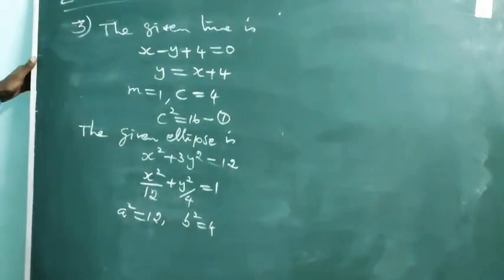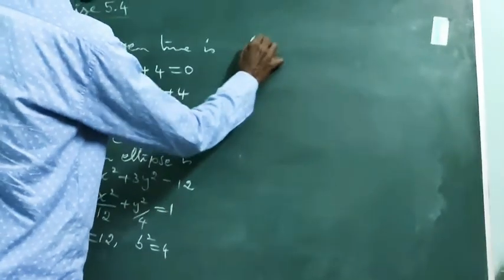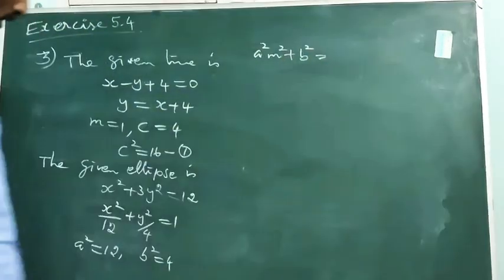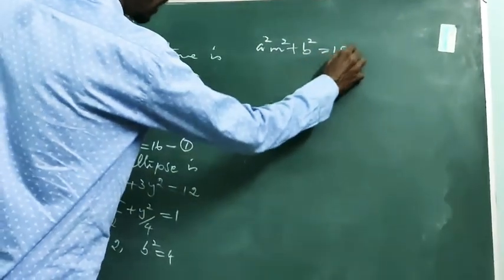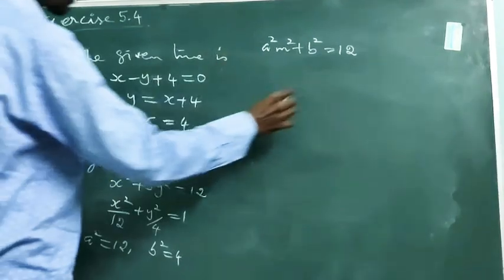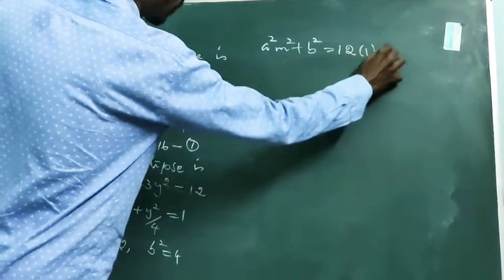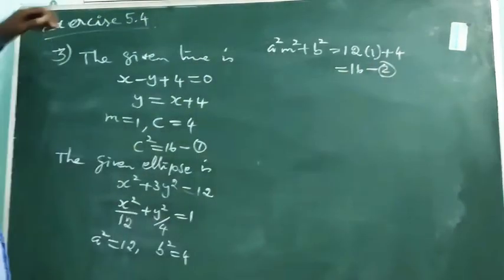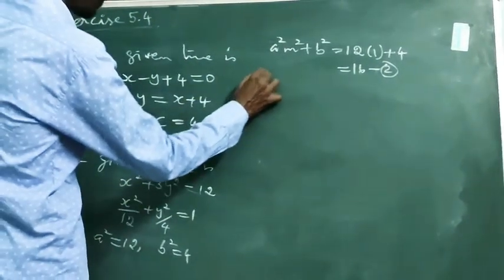So find out what is a square m square plus b square. a square value is 12, m is 1, so m square is also 1, 12 into 1 plus 4, so 16. That is 2.